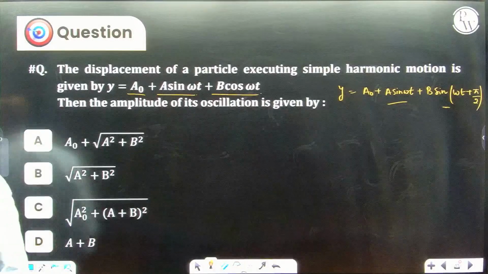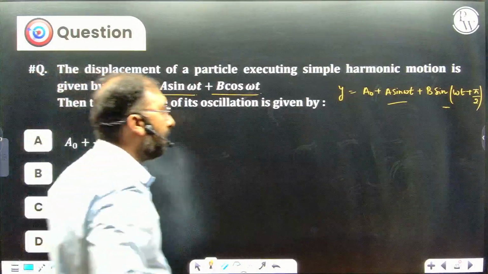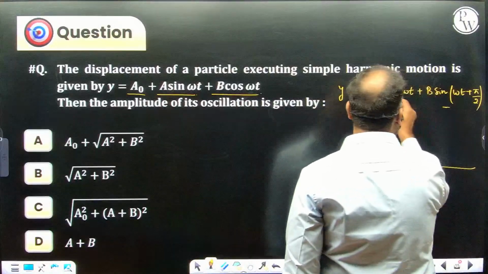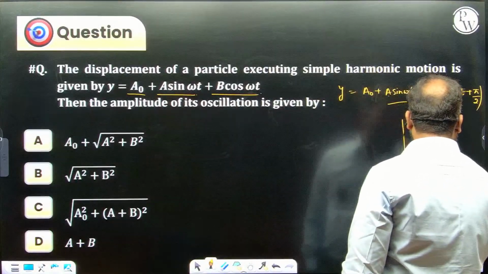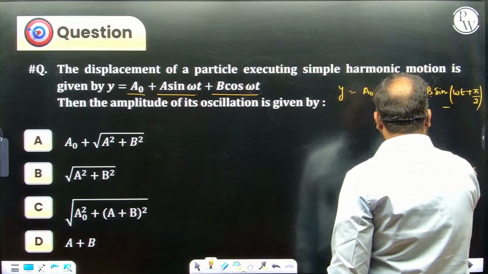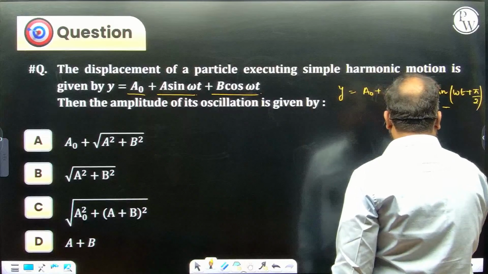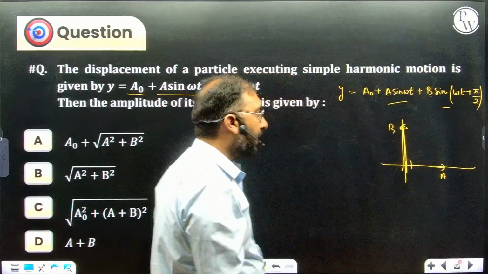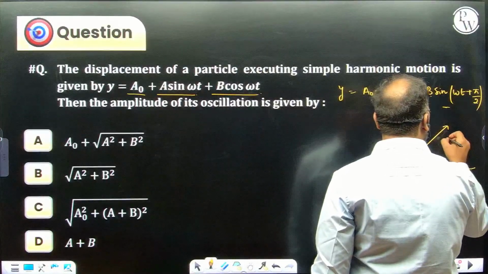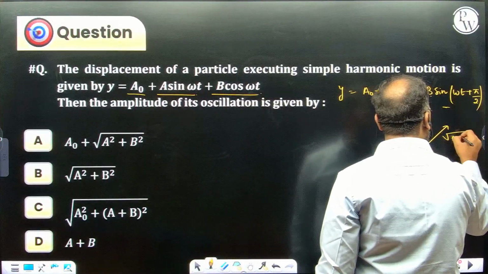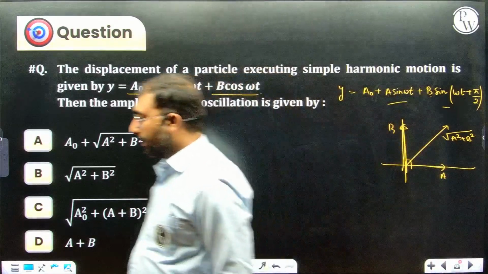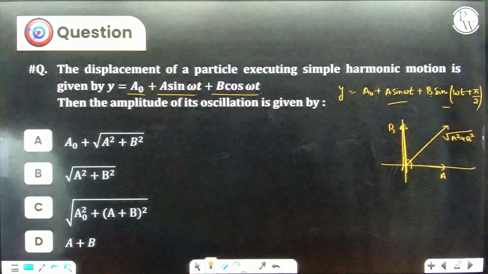If I draw the phasor diagram, this is a, and then b has a phase difference of 90 degrees. This is b, and the angle between them is 90 degrees. So the resultant will be under root of a square plus b square.